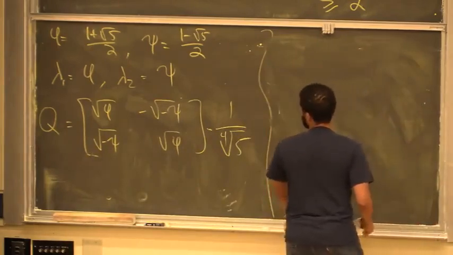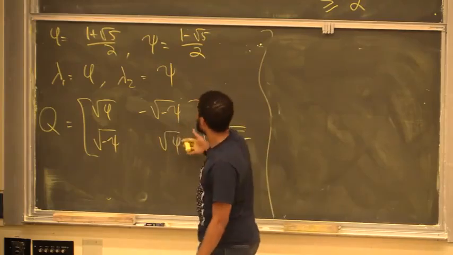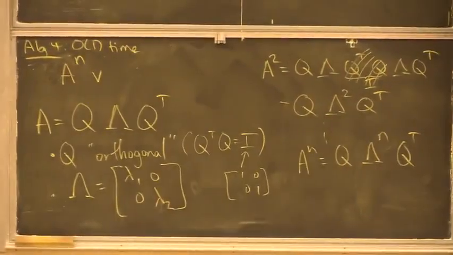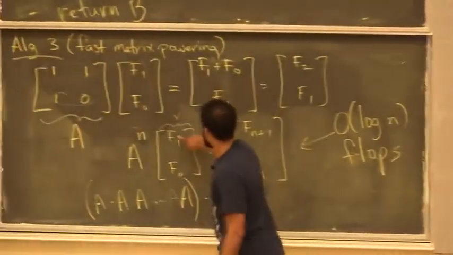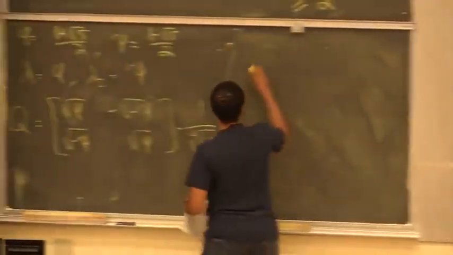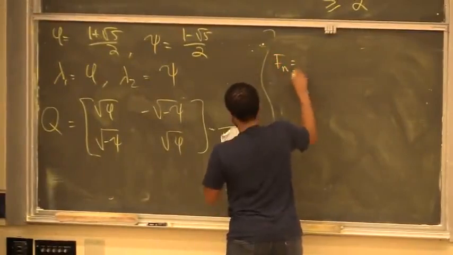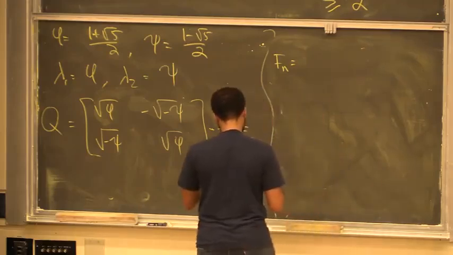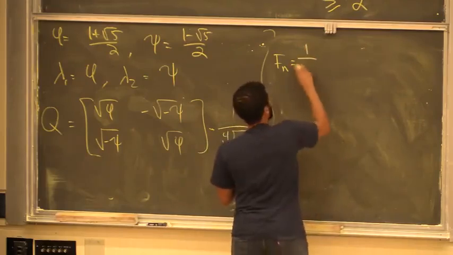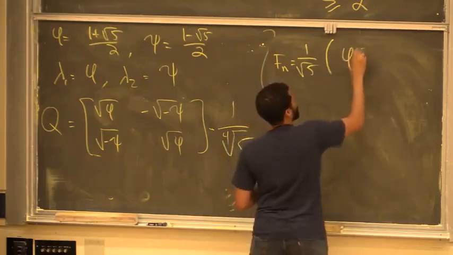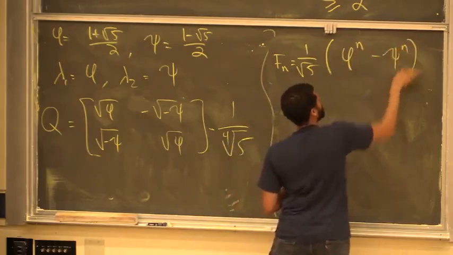Once you know this, and you plug it into A to the n equals Q lambda to the n times Q transpose, which we're then applying to the original vector, which is 1, 0, what you end up being able to prove is that the n-th Fibonacci number is something like 1 over root 5 times phi to the n minus psi to the n.